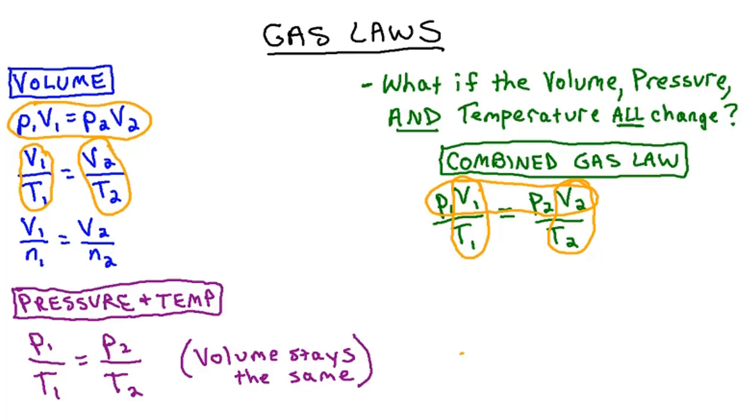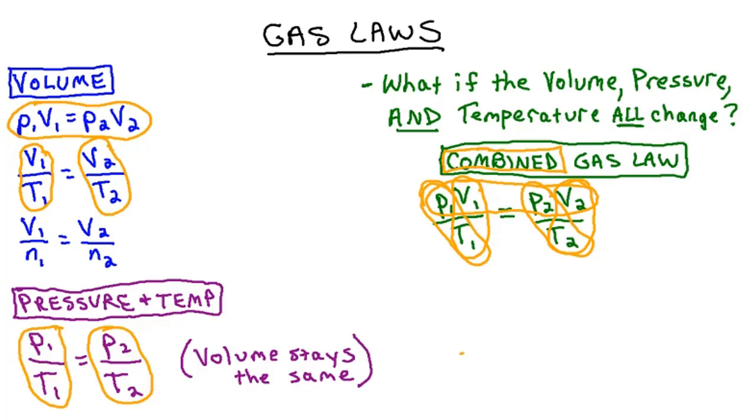And if we look at the pressure and temperature gas law, we see P1 over T1 equals P2 over T2. And in the combined gas law, we see P1 over T1 equals P2 over T2. So as you can see, this literally is the combined gas law.